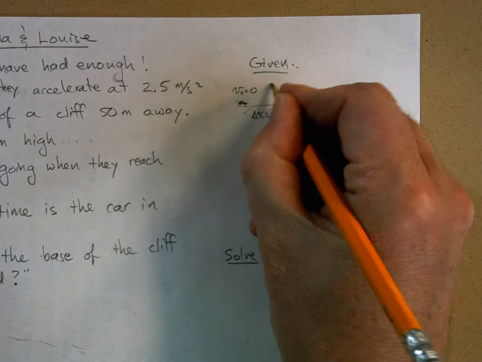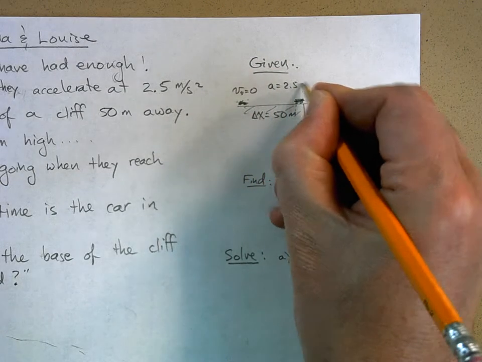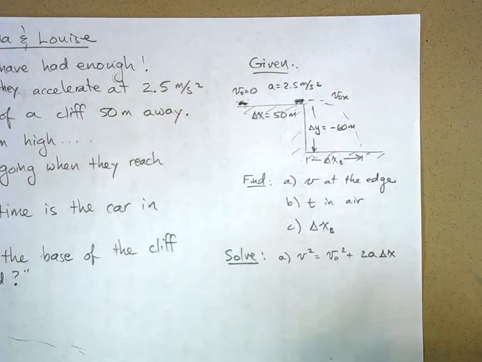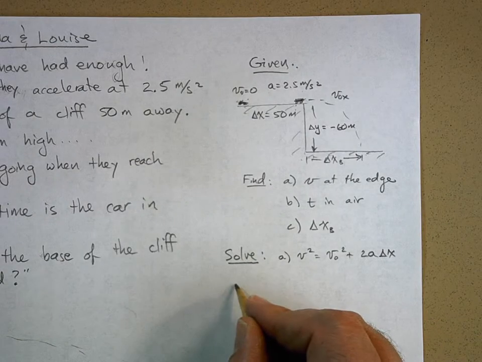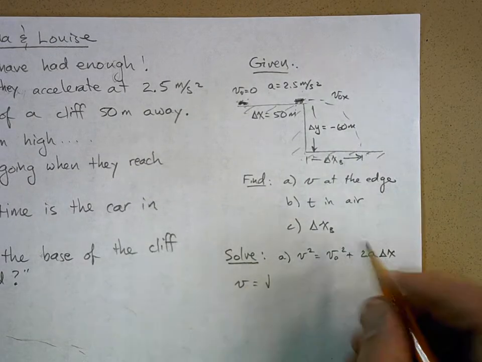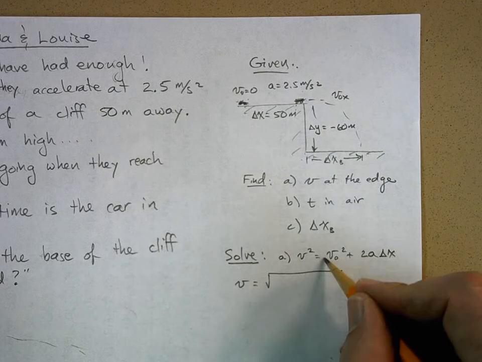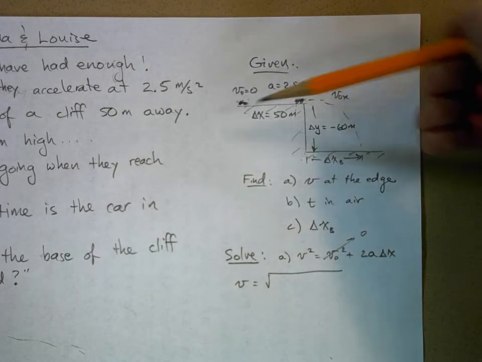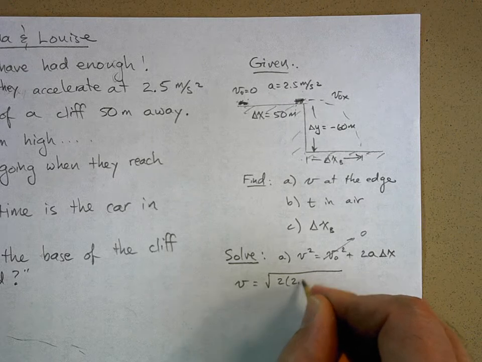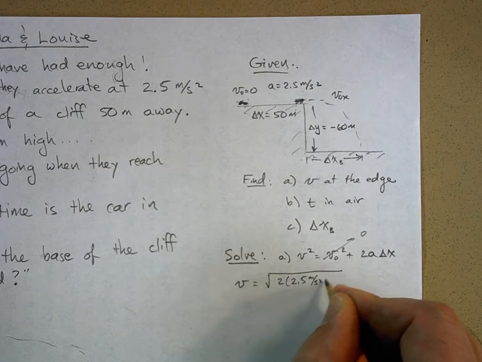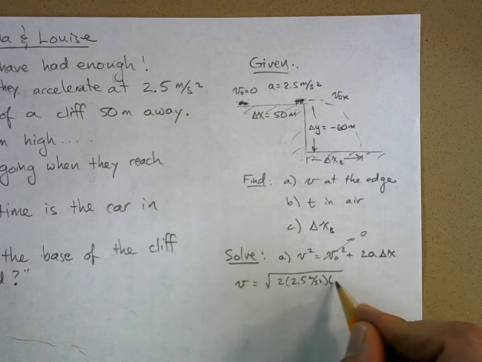Oh, I forgot to put the acceleration is 2.5 meters per second squared from here to here. So the final velocity is going to be the square root of, well, this is 0, the car starts from rest, and then 2 times 2.5 meters per second squared times 50 meters.